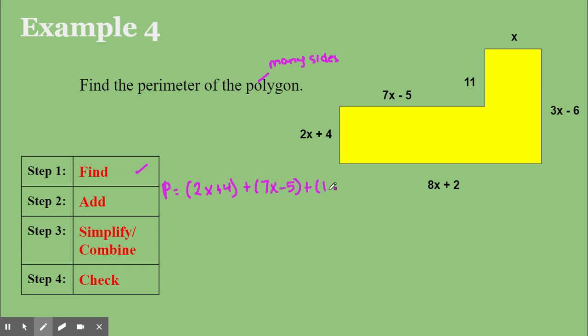Plus 11 plus x plus 3x minus 6 plus 8x plus 2. That's a huge expression. The next thing is to remove the parentheses. If you have to distribute anything or subtract anything, you would do that now, but we don't, so we're just rewriting.